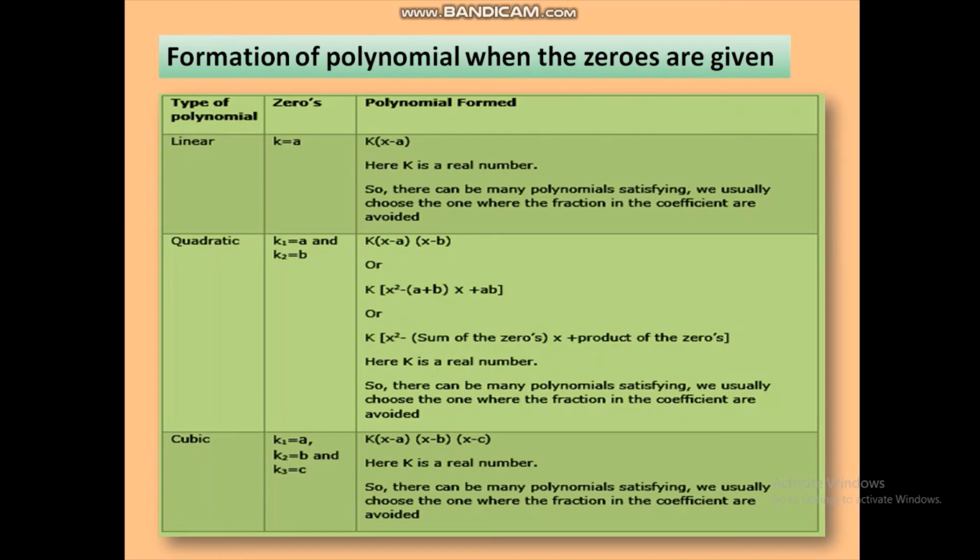So this is the concept by using which we can form a quadratic polynomial if we are given zeros of polynomial. Again here k is the real number, and there can be many polynomials satisfying. We usually choose the one where fractions in the coefficient are avoided.